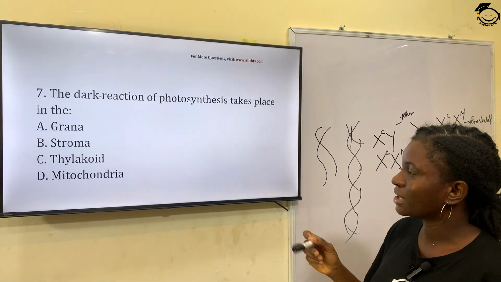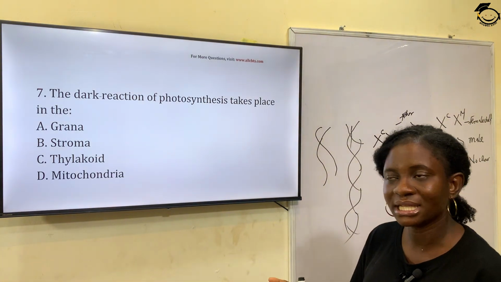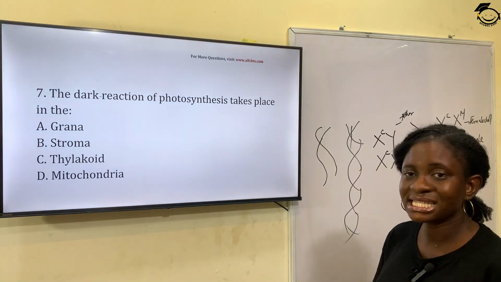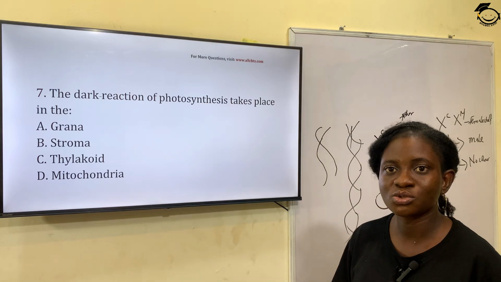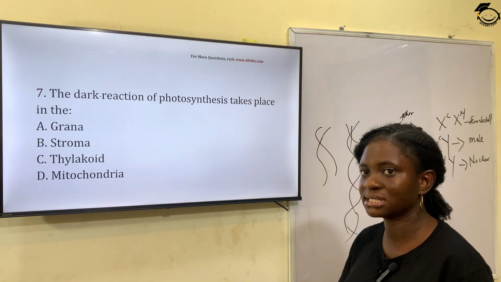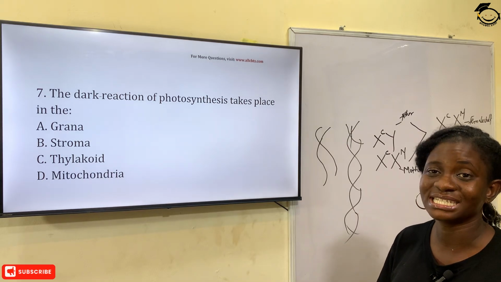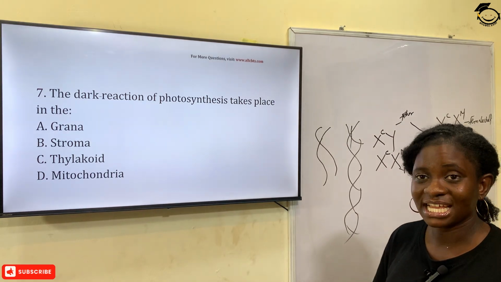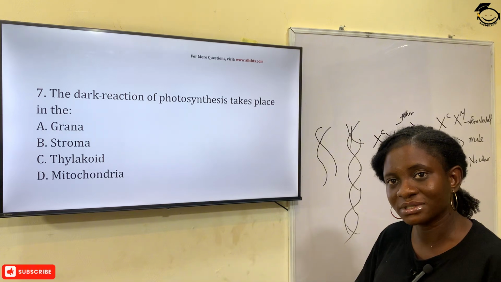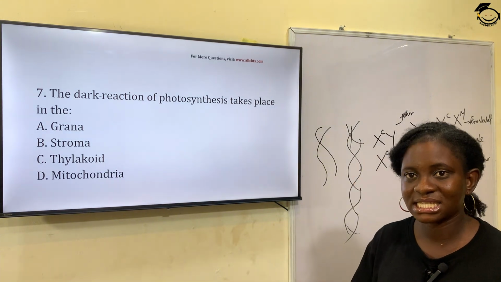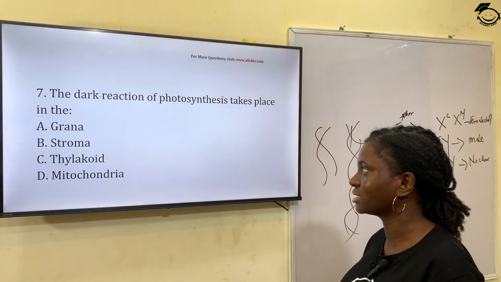The reaction can be light independent and light dependent. The light independent, also known as the Calvin cycle, is the dark reaction. It doesn't necessarily mean it takes place during the dark or at night, but it's just that light is not involved in the reaction directly, unlike the light dependent reaction.